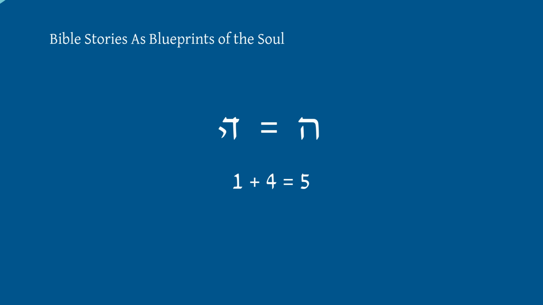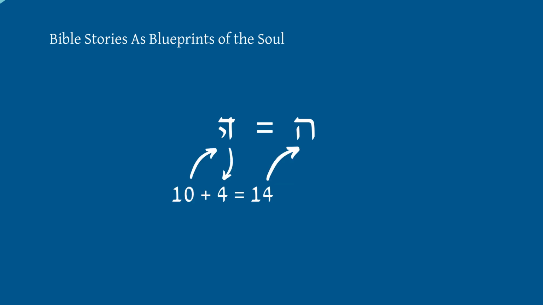The letter He has in general the volume of 5, but as we learned yesterday, the letter He could be written from 2 other Hebrew letters, Dalet and Yod, and in this case the volume of the letter He appears as 14, for the Yod equals 10 and the Dalet equals 4.